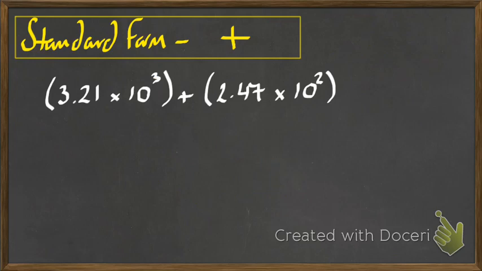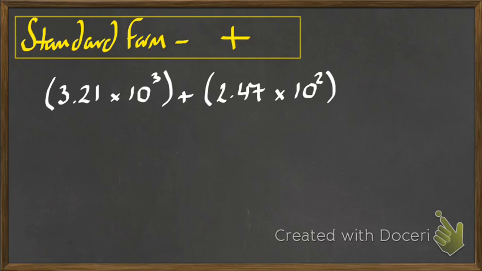Okay, so now we'll look at standard form and addition, and there are quite often lots of ways of doing this, and one of the easiest ways is sometimes just to convert it into an ordinary number and then do an adding process. There's another technique which I'll show you with this particular type of question, but the first thing is let's convert this one here.